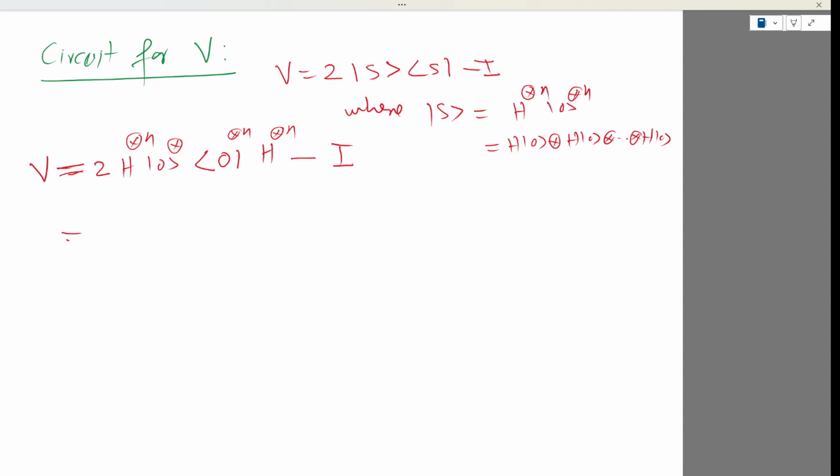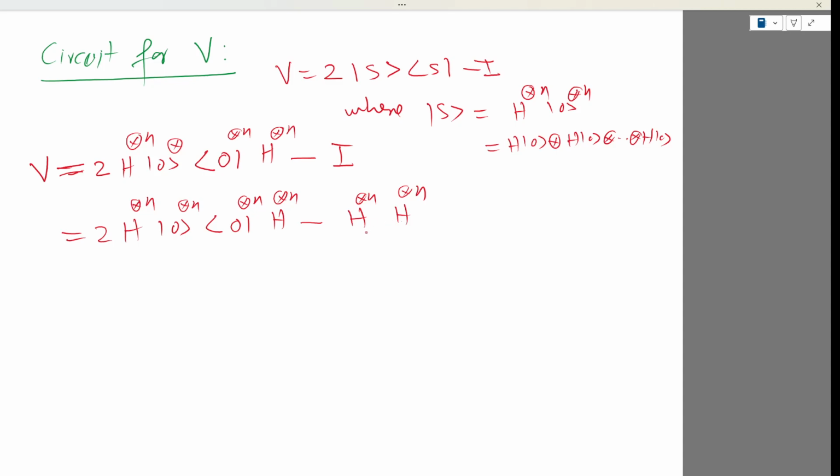But we also know that Hadamard is its own inverse. So I can write identity as simply Hadamard squared, n-bit Hadamard times n-bit Hadamard.